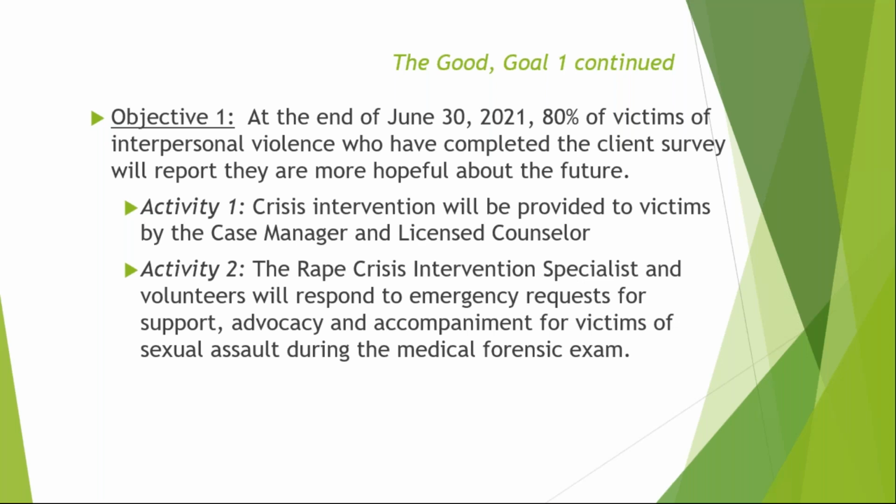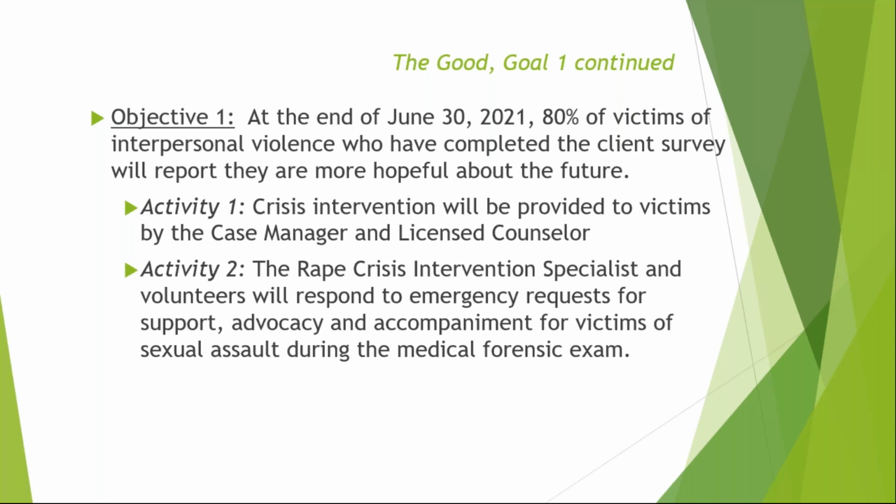So for activity 1, crisis intervention, let's go back to the objective. It's time limited. It says who's going to be affected. It says what we want to happen. And it says how we're going to get the data.